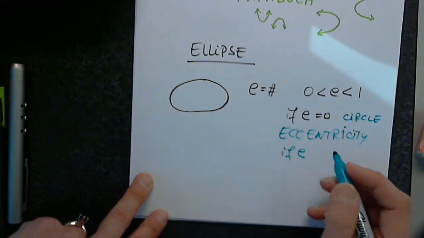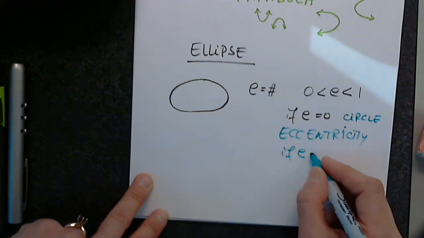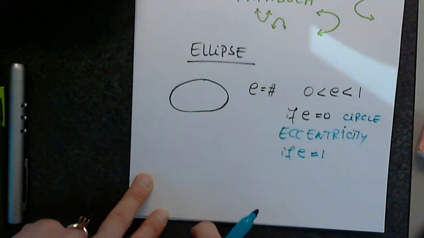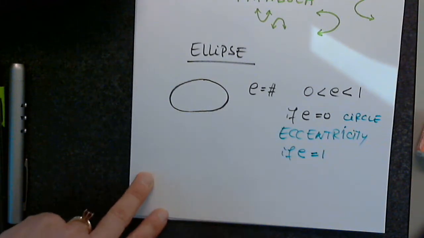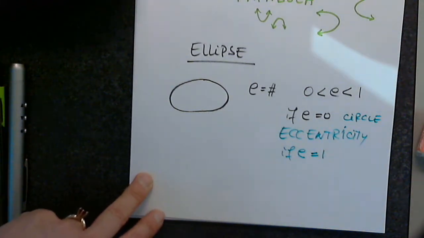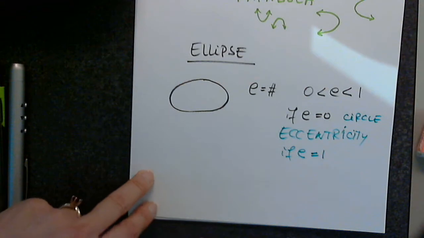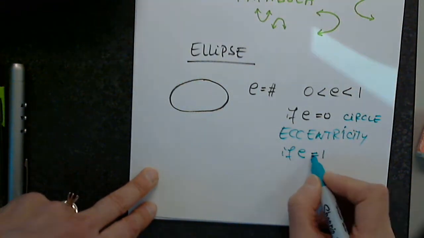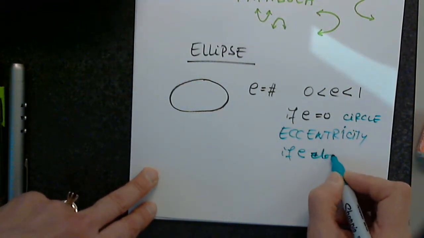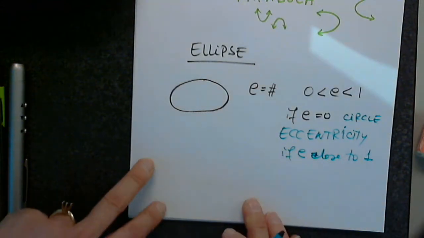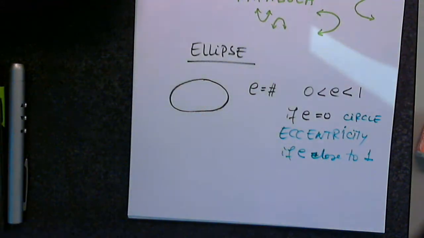If E is as close as possible to 1, which it cannot really be, so I'm going to say close to 1, the more away from the circle the ellipse looks like.